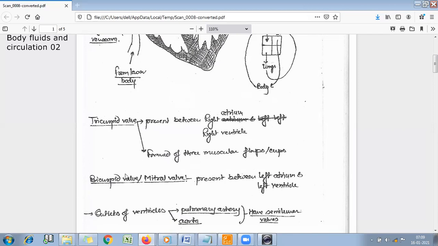And the bicuspid valve, at some places you can see it called the mitral valve. It is very important to know the bicuspid valve is also called the mitral valve. The bicuspid valve or mitral valve is present between the left atrium and left ventricle.